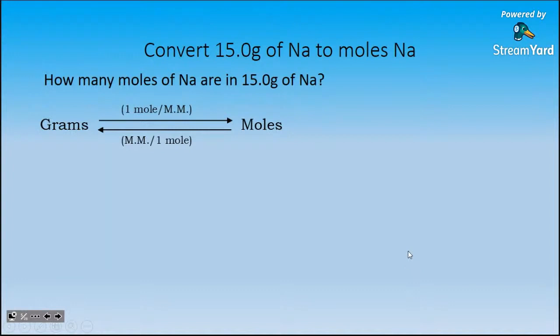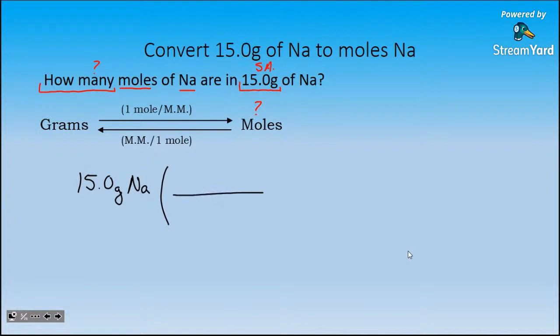Here's another example. 15 grams of sodium to moles of sodium. So again, I'm going to diagram this word problem. So how many, that's my question, and it refers to moles. So that's what I'm solving for, of sodium. So that's my starting amount, and it tells me 15 grams. So when I set this problem up, my 15.0 grams of sodium out in front, and then my conversion factor.